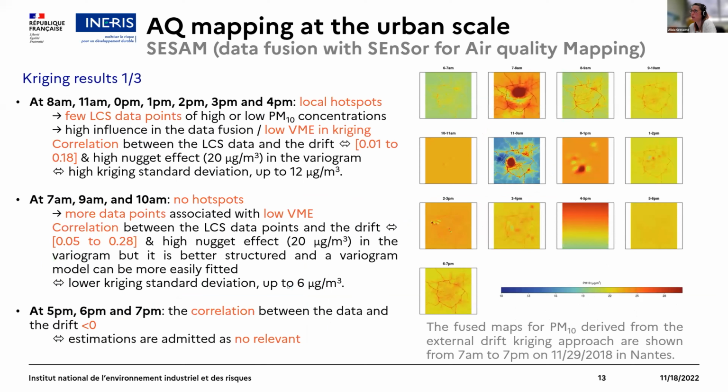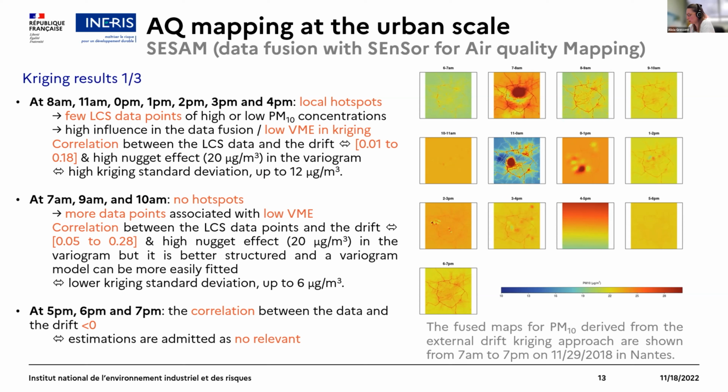So if we just look at the results for the whole day, we can see that the data fusion results are very different depending on the time of day. In fact, for certain hours, we have local hotspots, which are noticeable because of few sensor data points with very high or very low PM10 concentrations associated with a low variance of measurement error.